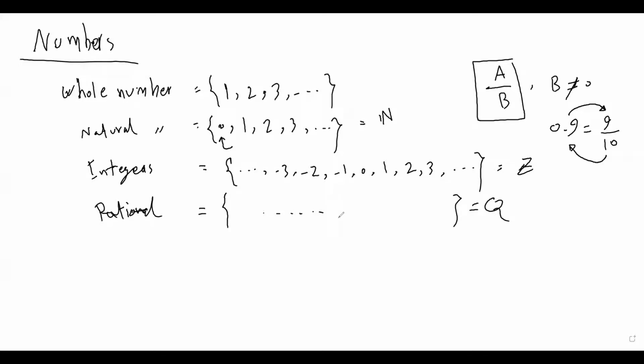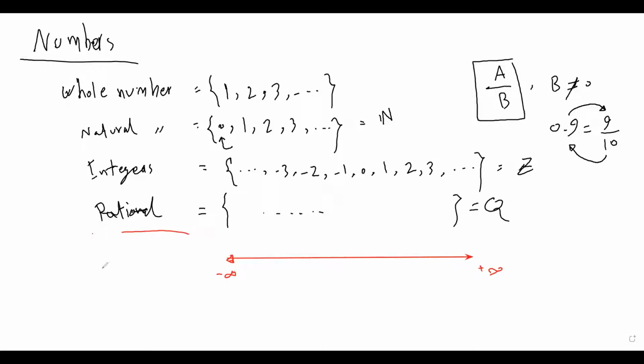But if I use a number line which goes from negative infinity all the way to positive infinity, still there are some numbers missing. Rational numbers don't include all the numbers. Can you think of any number that is not rational?